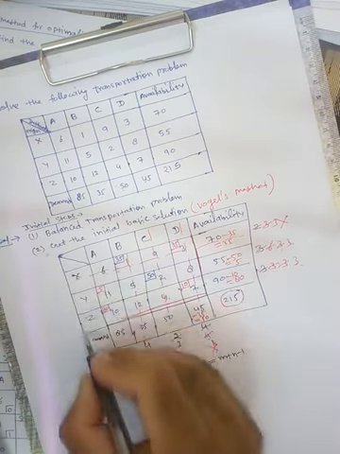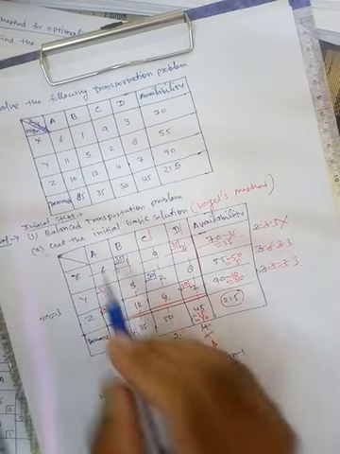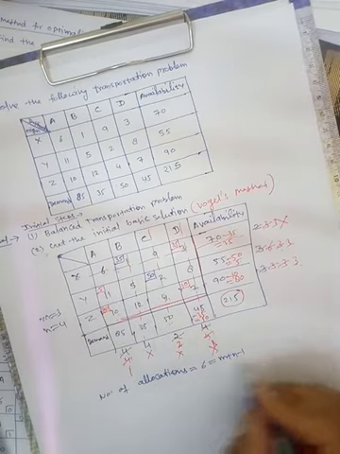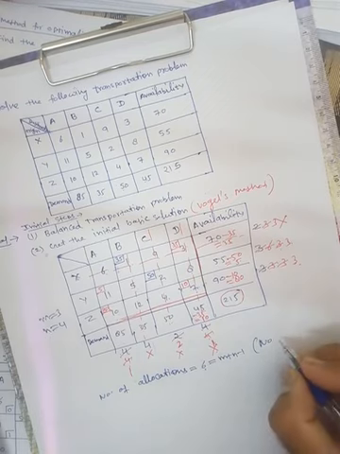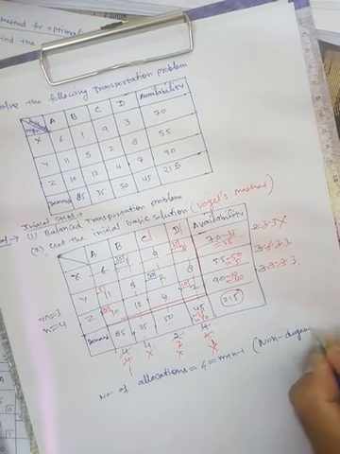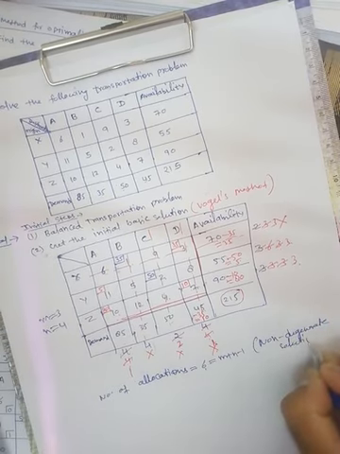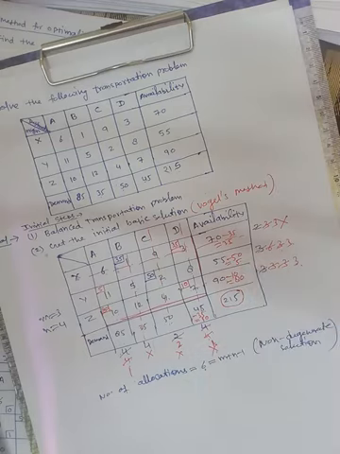What is m? M is 3, the number of rows. N is the number of columns. N is 4. So this is exactly 6. So no degenerate solution. Non-degenerate. Fine. So this is the initial basic feasible solution.